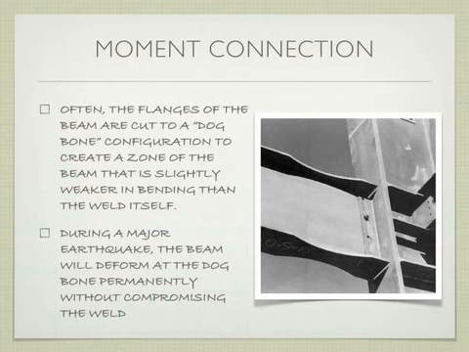Cracking at the moment connection would result in the building collapsing. Bending, or problems that would happen here would allow the building to stay standing even if it was a little cockeyed, or tipped or bent.